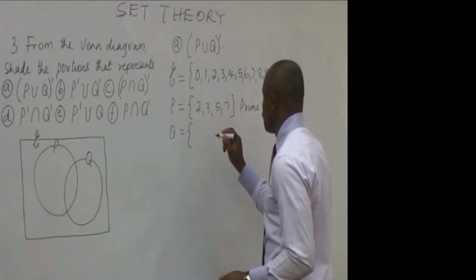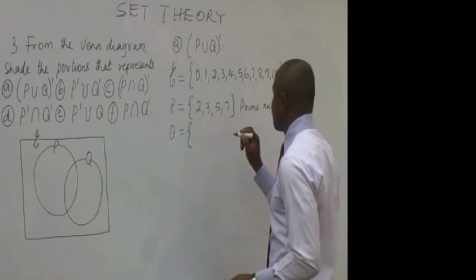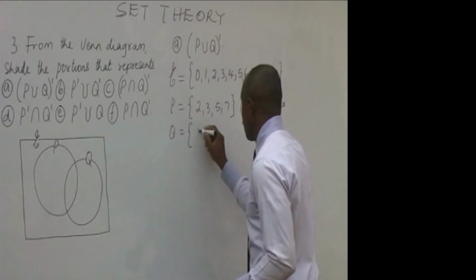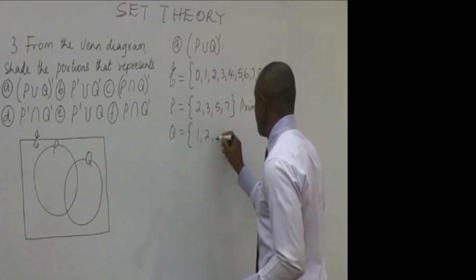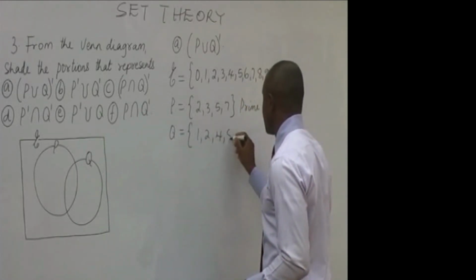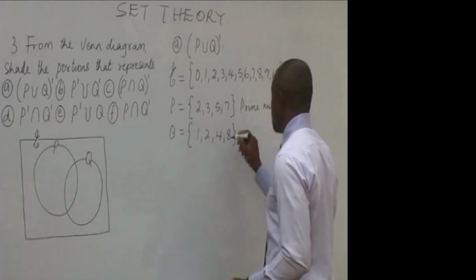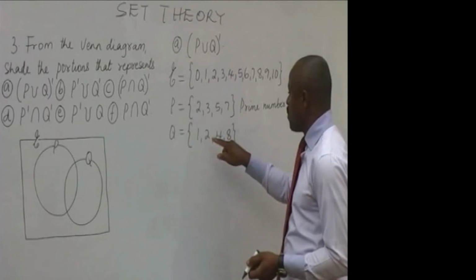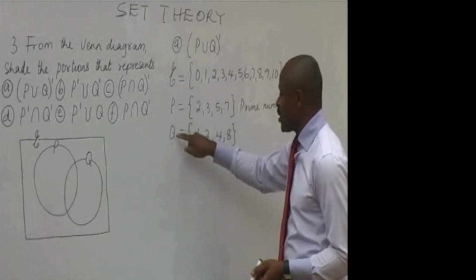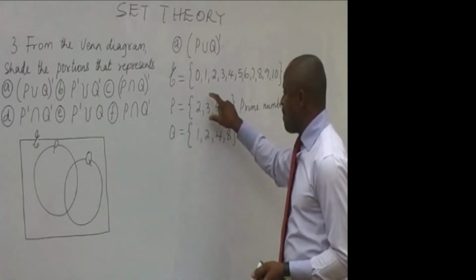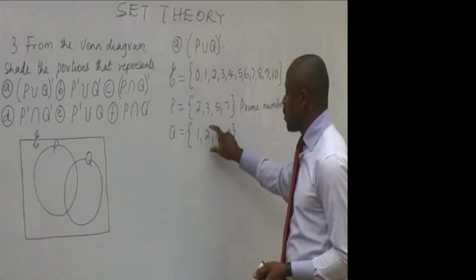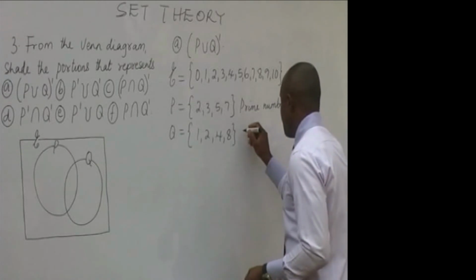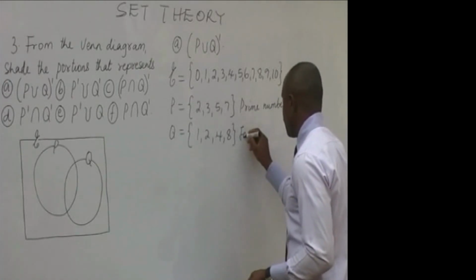Now let's choose factors of 8. Let us write them down first: 1, 2, 4, and 8. Remember, I have carefully chosen them so that there will be a P intersection Q, a member of P that is also a member of Q. So these are factors of 8.